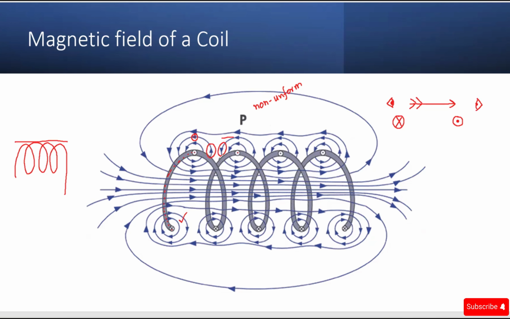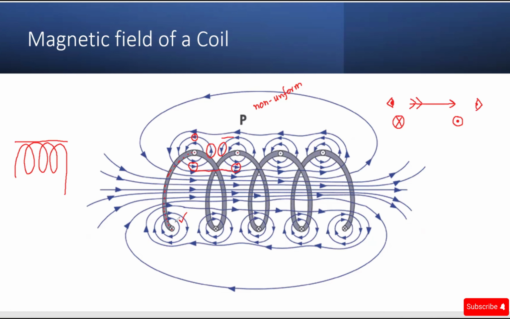Let's have a look. As we see the formation of magnetic field lines outside, in the same way you can see the direction of the magnetic field inside the coil from the first turn and from the second turn. They are along the same direction, so they will combine together and develop a line, in this example, from left to right.